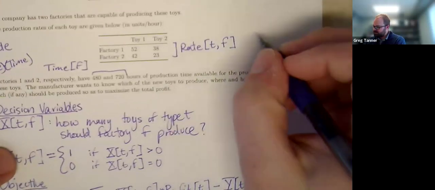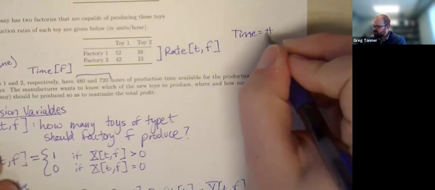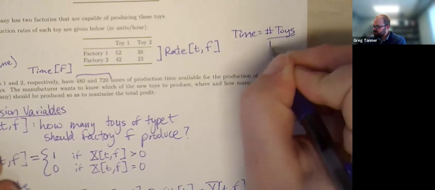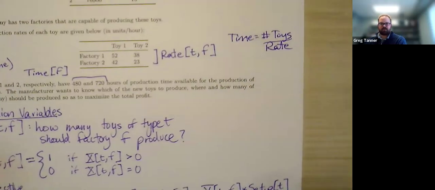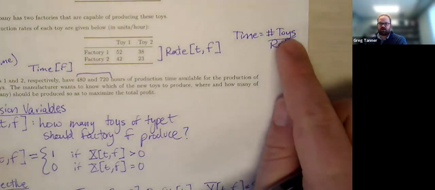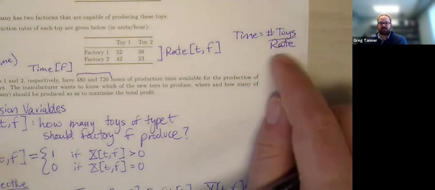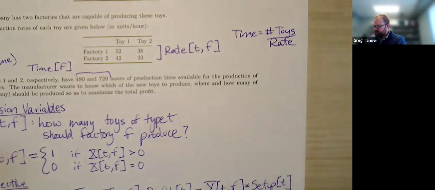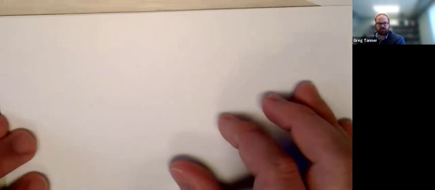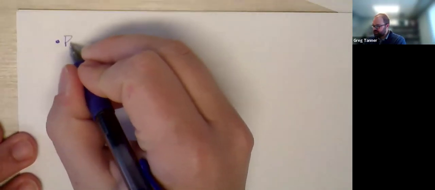Maybe I'll write that one on this side, and that time taken equals number of toys divided by the rate. Okay, and so we can think about the time used to produce toy 1 at factory 1 would be the number of toys of toy 1 at factory 1, which would be X11 in this case, divided by the rate 11. Okay, and so let's actually turn that into a constraint up here. So I'll call this production time limits.